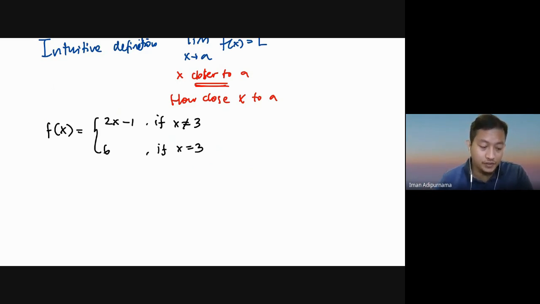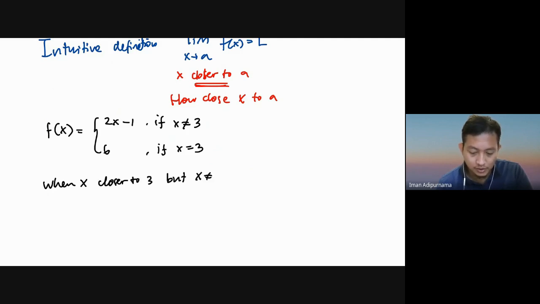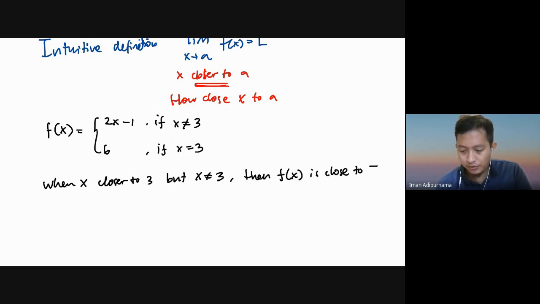By intuitive definition, it's clear that when x is closer to 3, but x is not 3, f of x is close to 5.